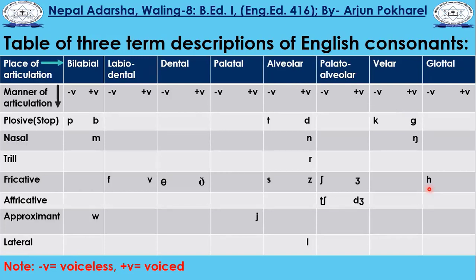It is glottal, it is fricative, and the h sound is voiceless. So in this way, we describe the 24 English consonants.